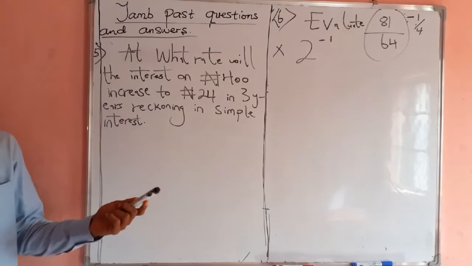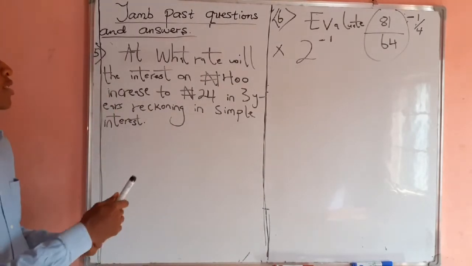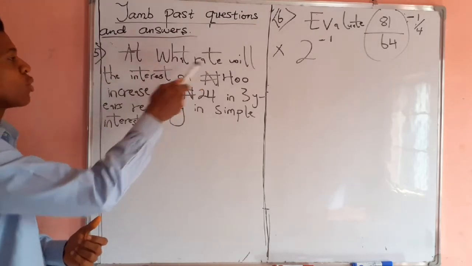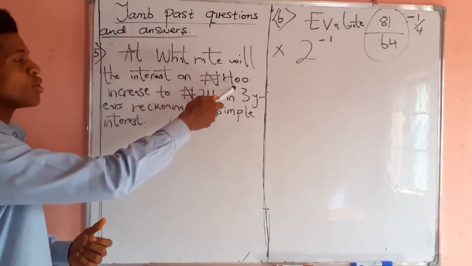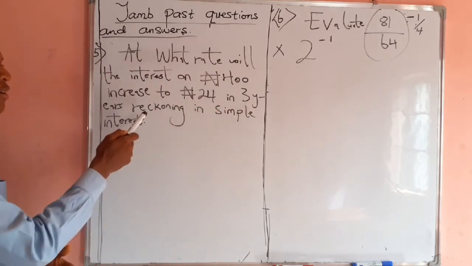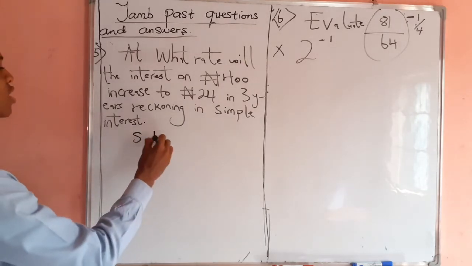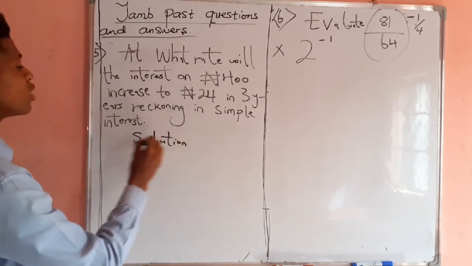Having solved 1 to 4, let's move over to number 5. Number 5 says, at what rate will the interest on 400 naira increase to 24 naira in 3 years, reckoning in simple interest? So let's solve this. Now we are dealing with simple interest.